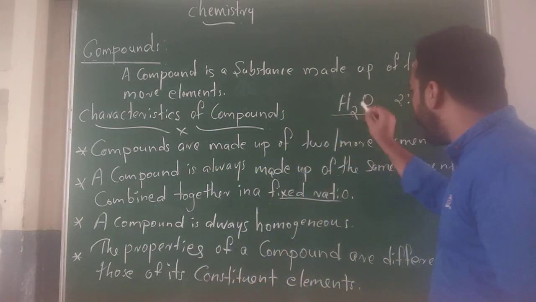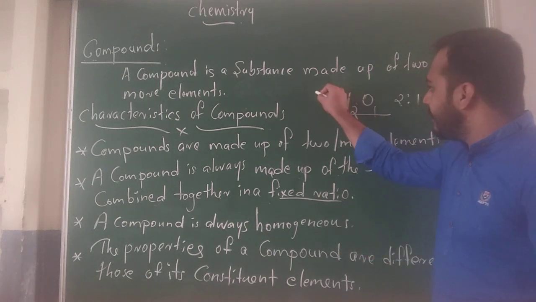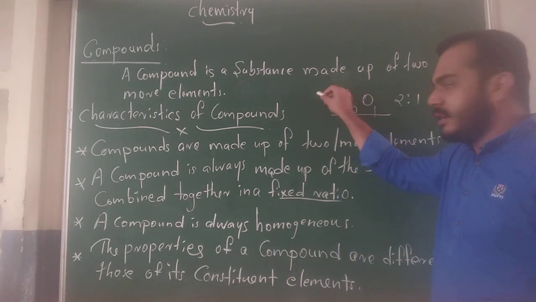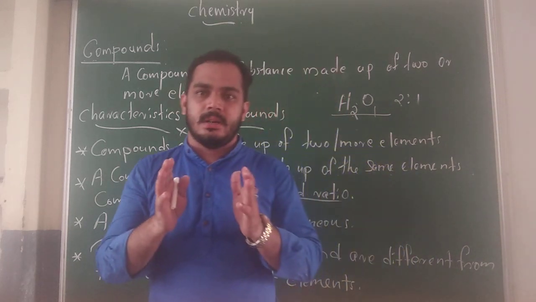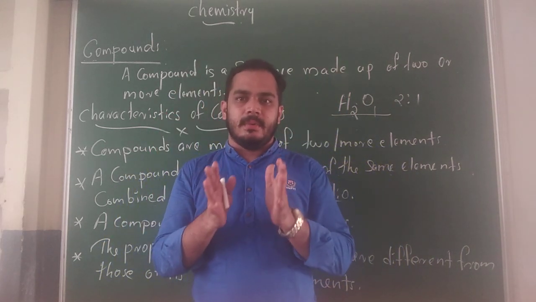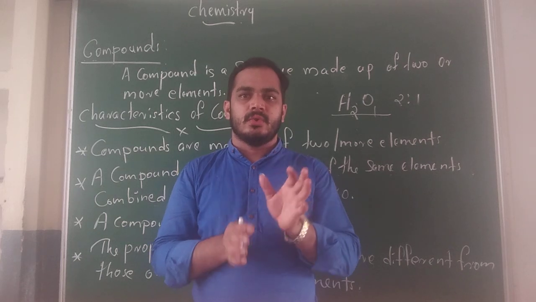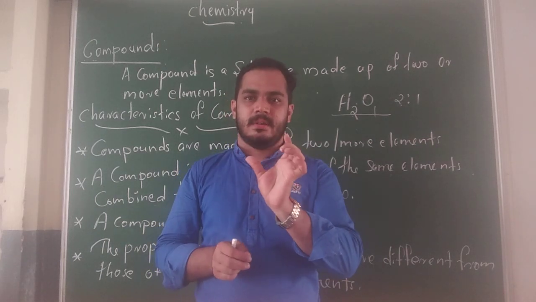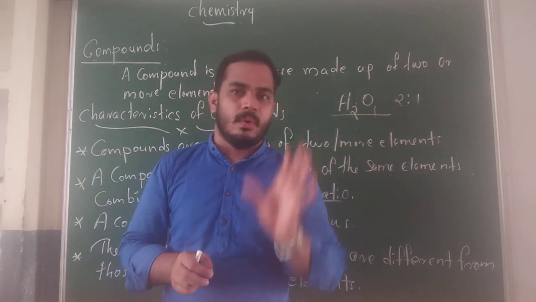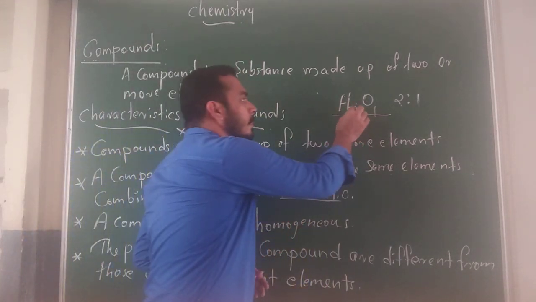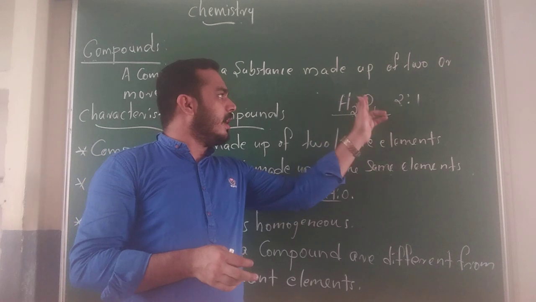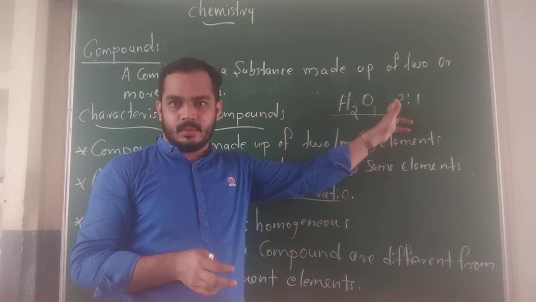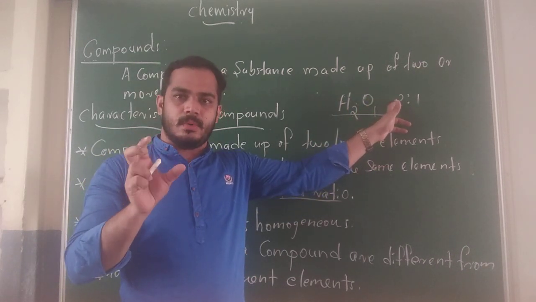So let's see here water. The hydrogen has one peculiar character and the oxygen also has a different character, but they make the compound water. So it is always the same character throughout the world. So we can't identify the property of hydrogen and the property of oxygen once they are prepared as a compound.